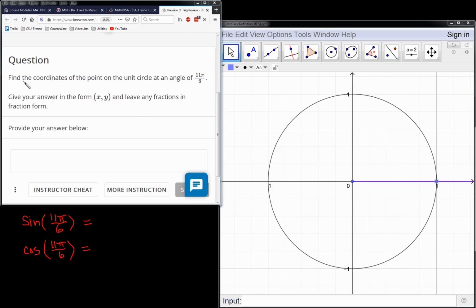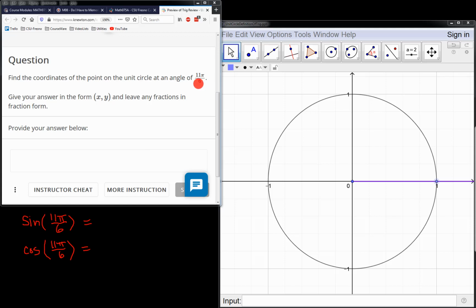So the question here is to find the coordinates of the point on the unit circle at an angle of 11 pi over 6 radians. Essentially this question is asking us what's the sine of 11 pi over 6 and what's the cosine of 11 pi over 6.